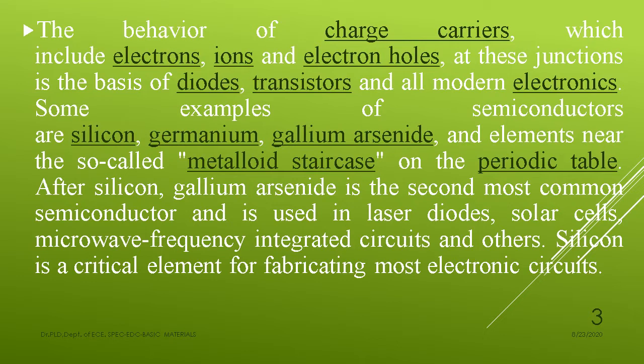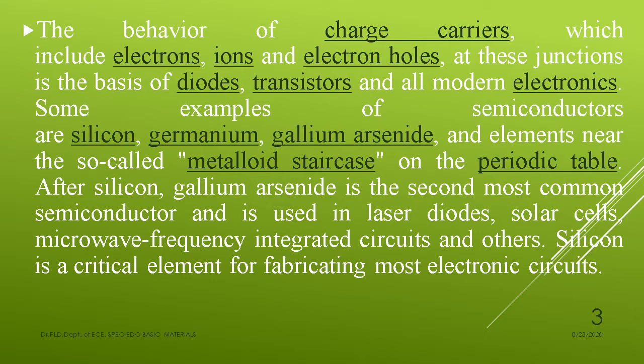After silicon, gallium arsenide is the second most common semiconductor material, used in laser diodes and solar cell manufacturing. Microwave frequency integrated circuits and others also use these two semiconductor materials. Mostly preferable semiconductor materials are silicon and gallium arsenide, but not germanium.